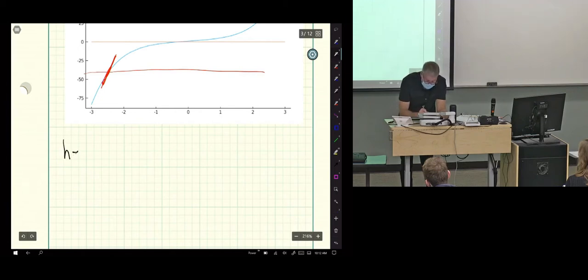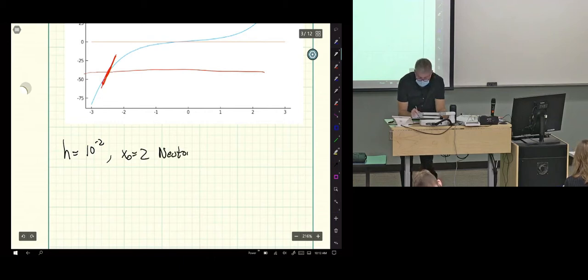for my symmetric differences, I'm taking h is 10 to the minus 2. For Newton, x0 equals 2. My tolerance, 10 to the minus 4.